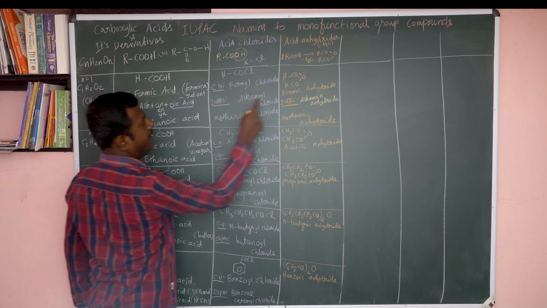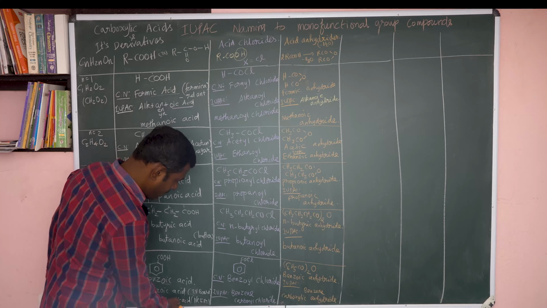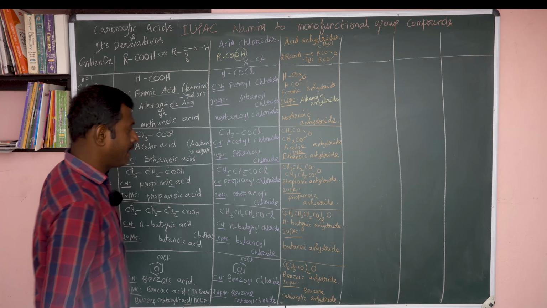And for benzoic anhydride, the IUPAC name for benzoic acid is benzene carboxylic acid. So benzoic anhydride is its common name, and benzene carboxylic anhydride is the IUPAC name. The word acid is replaced by anhydride.